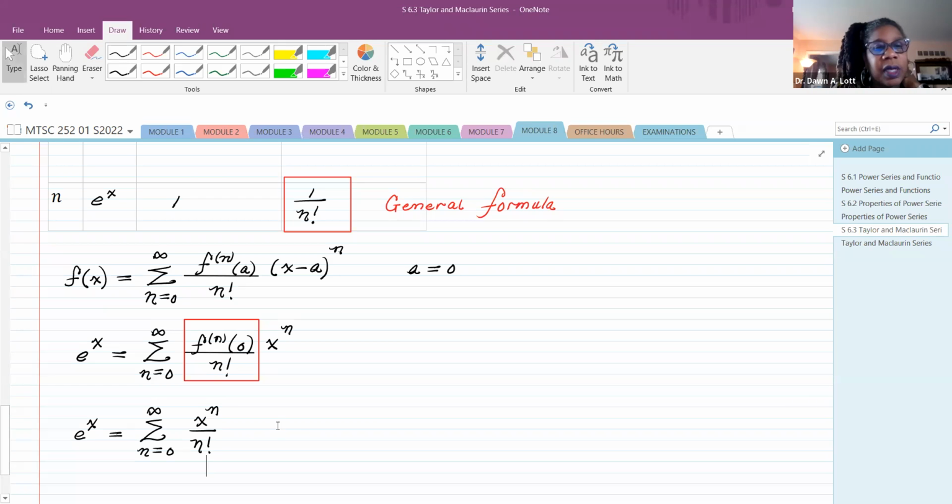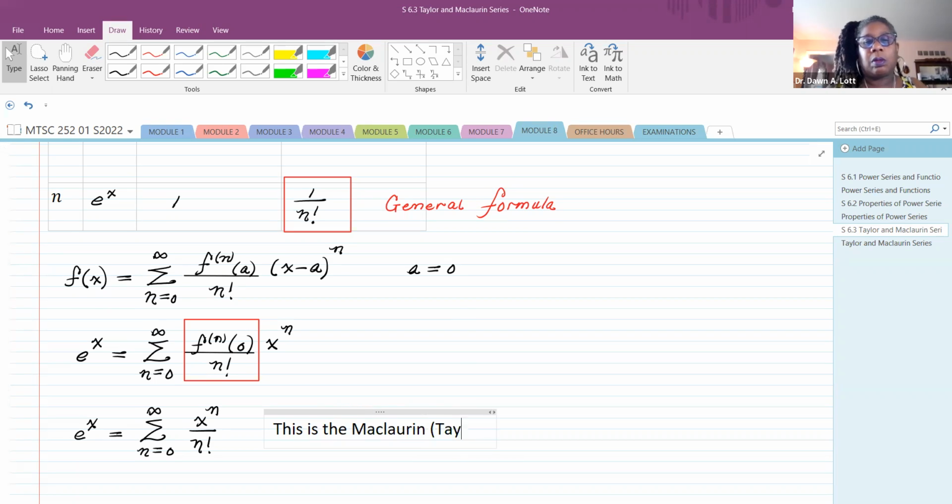And this right here is the Maclaurin Taylor series for f of x equal to e to the x. And just doing that, we derived it. Okay, so that is how you would derive a formula.